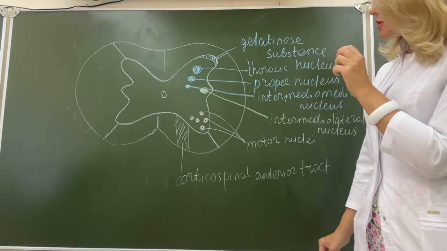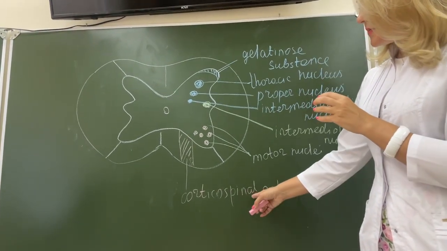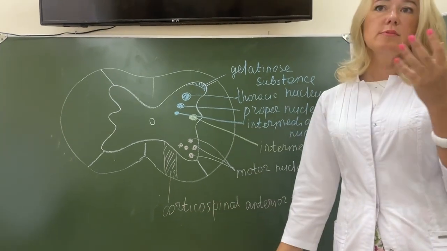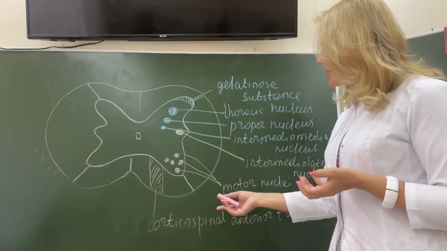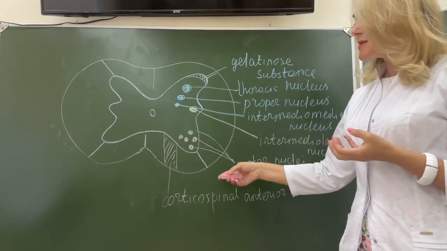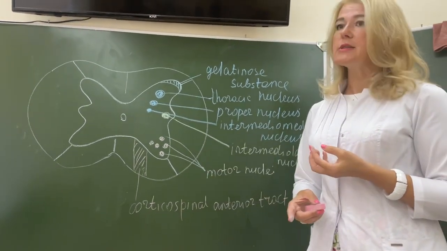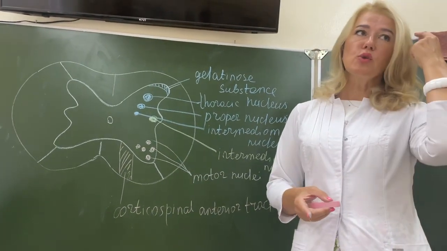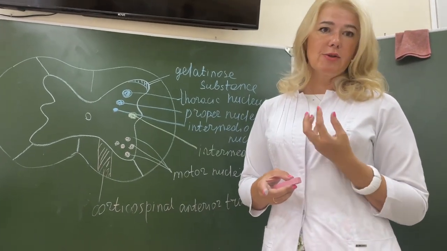Corticospinal. To be emphasized with the name, cortex and spinal cord. Cortex of brain, spinal cord is spinal cord. It means that cortex of brain takes part in the formation of this tract, so this tract depends on cortex. Therefore, this tract is a voluntary tract.